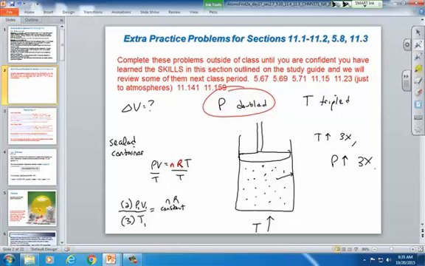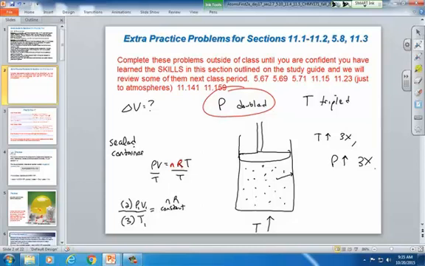So what factor does the volume need to change by in order to give me the same constant? Yeah, 3 over 2, right. So I've multiplied the top by 2 and divided the bottom by 3. If I do that, it's going to change the constant, but that can't be because of the ideal gas law.